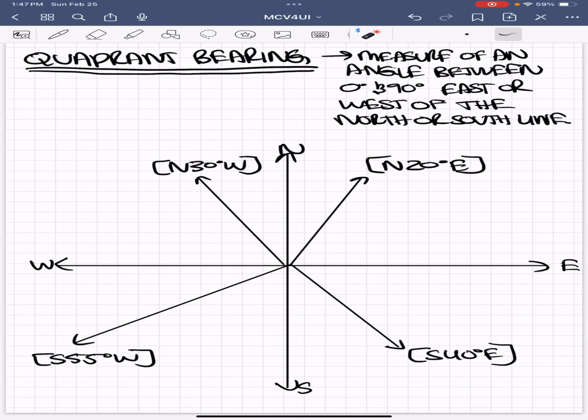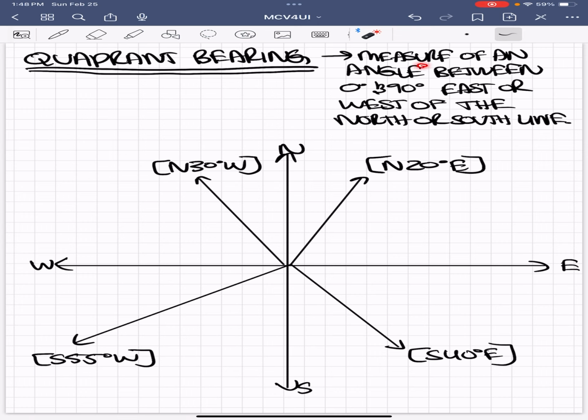It's important to know both before you get into vectors, and I'll try to feature questions that have both, or I'll do both of the angle measurements, true bearing and quadrant bearing, just in case your teacher prefers one or the other, or that you have different questions and you're not quite sure how to solve it.